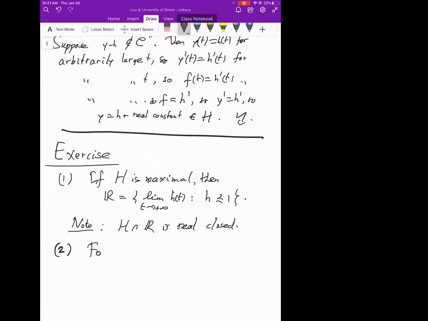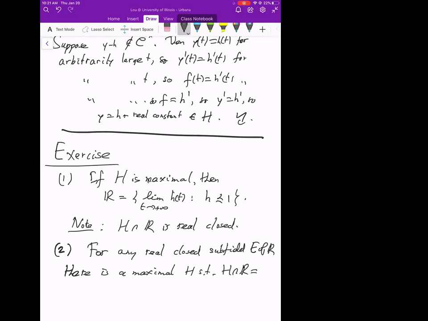For any real closed subfield E of R, there is a maximal Hausdorff field H such that H intersected with R is exactly E.